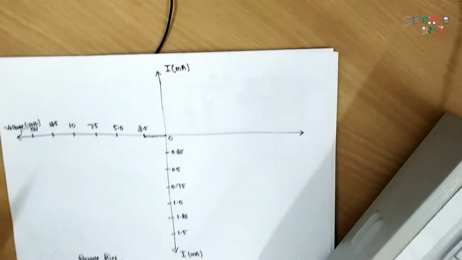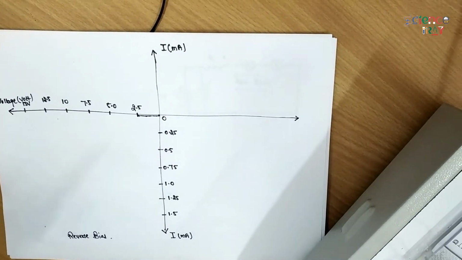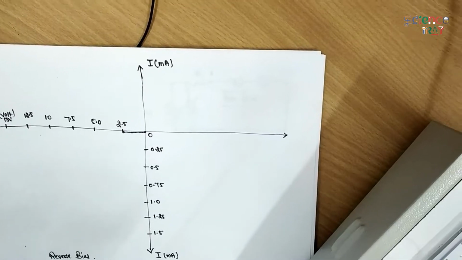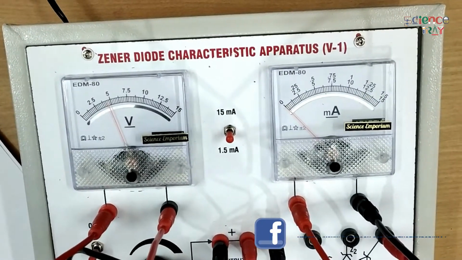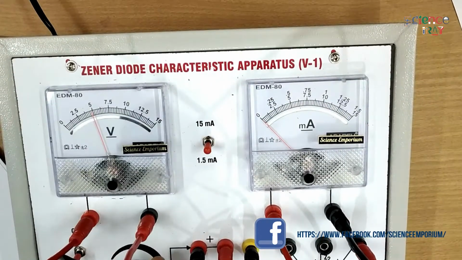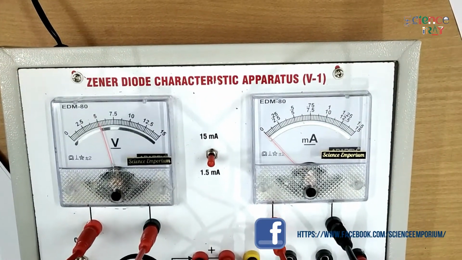Negligible current is there. Now we again increase the voltage from 2.5 to 5 volt. As the voltage increases, the effect on current is again negligible.